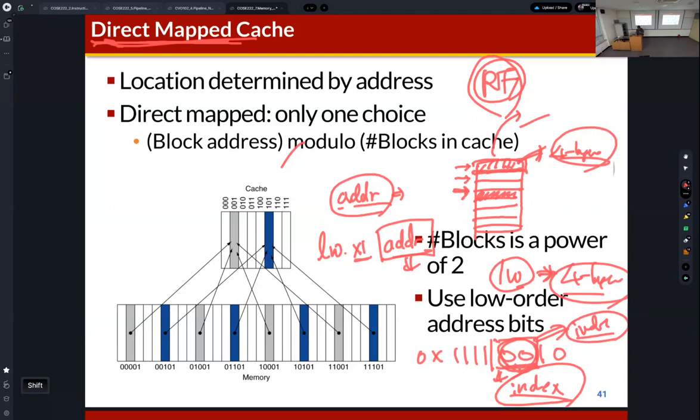So the target cache index is determined by the address. This is the direct map cache.